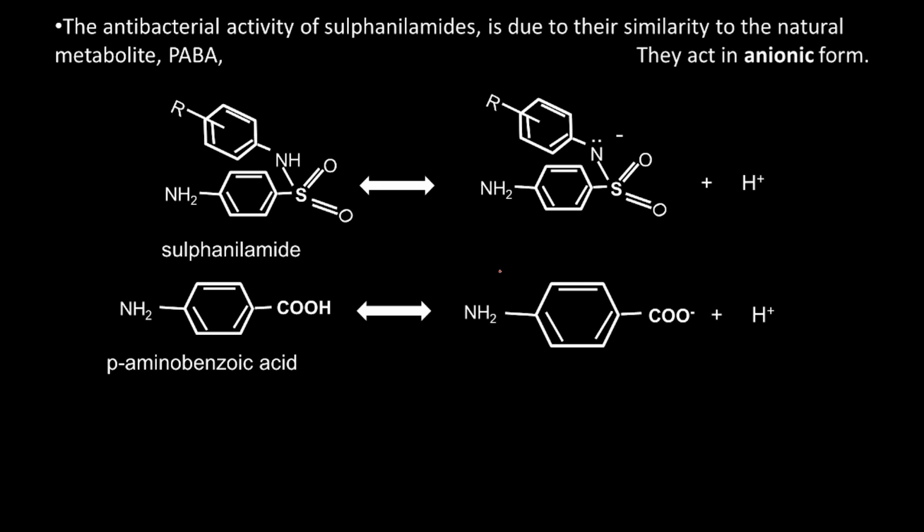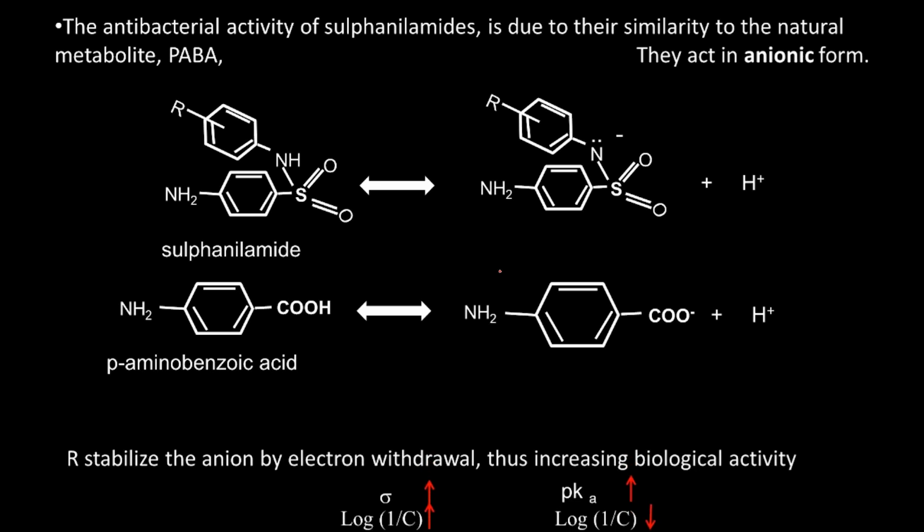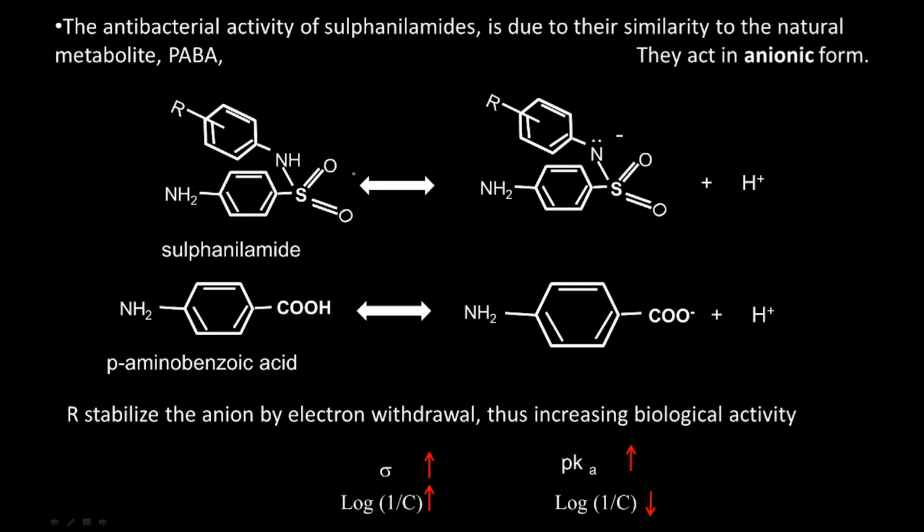So depending upon the R, as we saw with the position of the R, either the anion or the neutral form is stabilized. If you have a very high sigma, you have log 1 by C also going up. That means R stabilizes the anion by electron withdrawal, thus increasing biological activity, whereas if you have electron donating groups, the biological activity goes down.